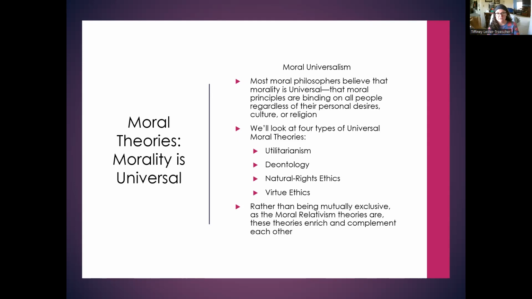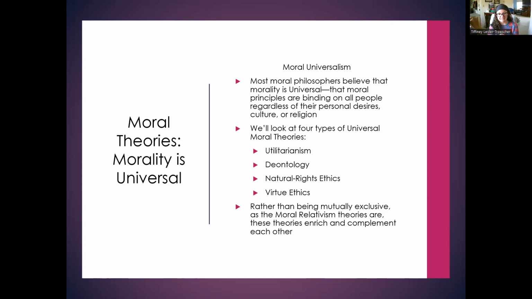They're looking at the cultural relativists and saying, no, culture and religion are not the basis of morality. Morality is universal. Right? And there are four different types of universal moral theories: utilitarianism, deontology, natural rights ethics, and virtue ethics.